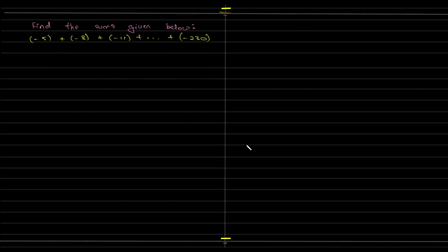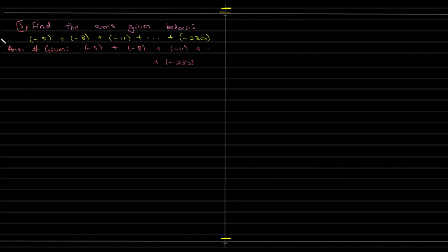Okay, so we have find the sum of the given series, and so on and so forth. Same thing. We're looking at minus 5, minus 8, minus 11, up to minus 230.